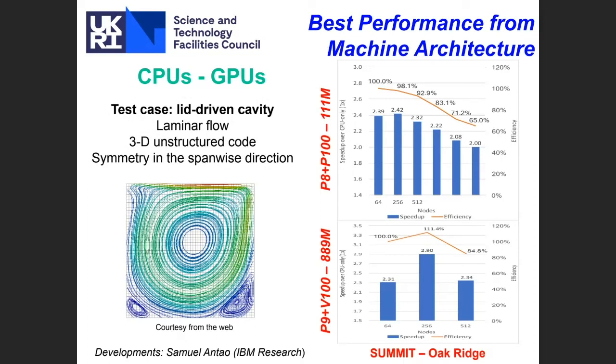That was an attempt carried out by Samuel Ontao from IBM Research, for a very simple case, and it was run at Oak Ridge on Summit, basically the second machine in the world, up to 512 nodes, each with 6 GPUs and 42 cores.